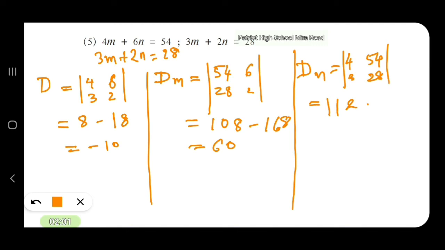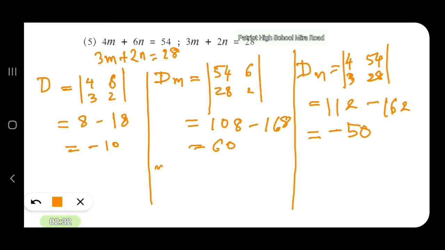Then we have 3 multiplied by 54, so 3 4s are 12, 3 5s are 15, and 1 is 16. This is 3. So it is 162 minus 12, 50, but it will have a negative sign because 162 is bigger. So dn is equal to minus 50.